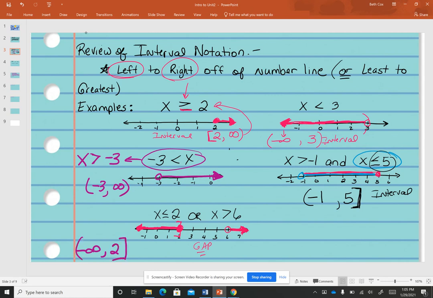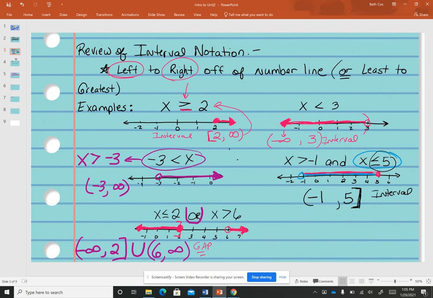That one's included. You can't equal infinity. And then the second half has 6 to positive infinity. Again, 6 is not in there. And there you go. And then the word or, we use what we call a union symbol. And so I put a U between them, just like that. And that's the interval notation for that one.